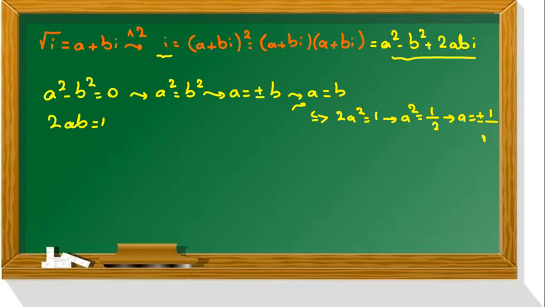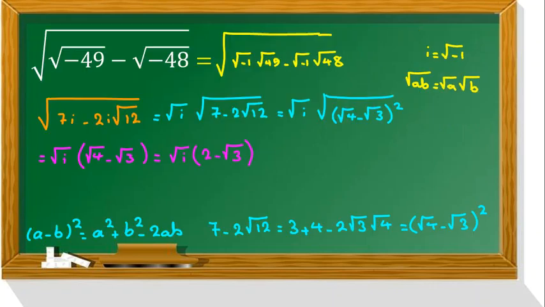Okay. So let's check our answer. So root i equals what? Root i equals plus or minus (1 over root 2 plus 1 over root 2 i), in the form a plus bi. Okay.